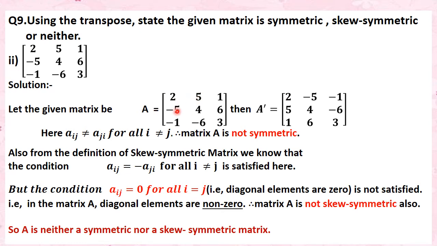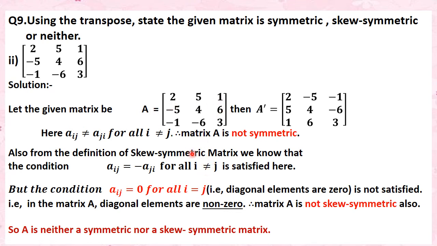When you take the transpose, or simply before finding the transpose also, you can observe that Aij and Aji differ only in sign, that is Aij is equal to minus Aji for all i not equal to j, means for all non-diagonal elements. That condition is satisfied here.